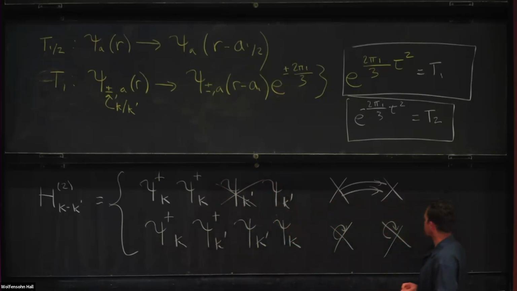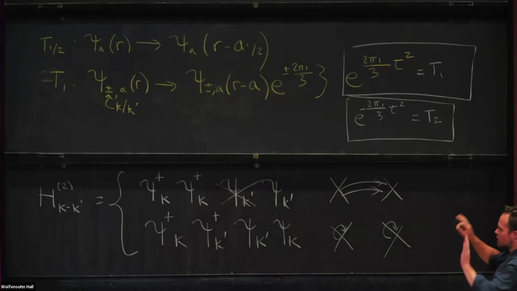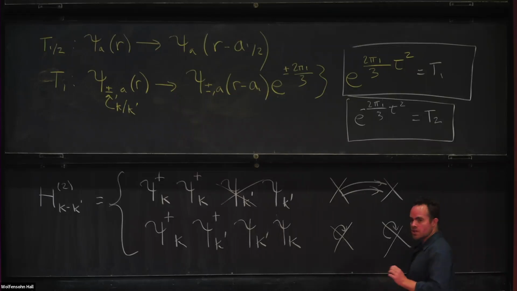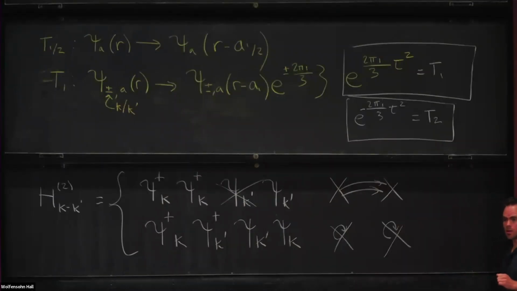Okay. So then we arrive at an interesting consequence of this. If you look at all the terms we've said are allowed up to the 2-body operation, it actually conserves the number of electrons in the K and the K prime valley separately. Okay?